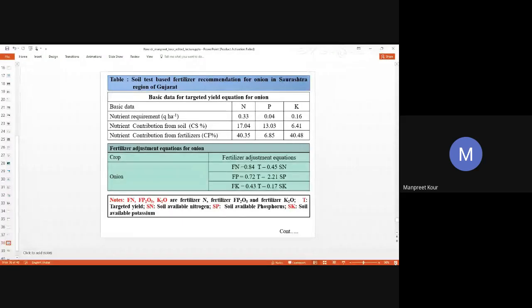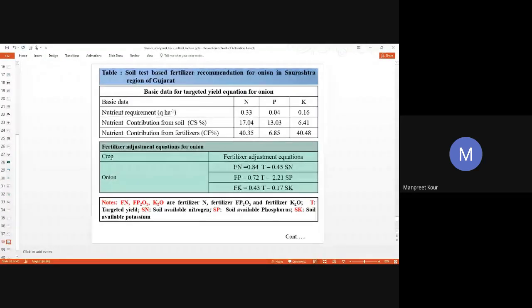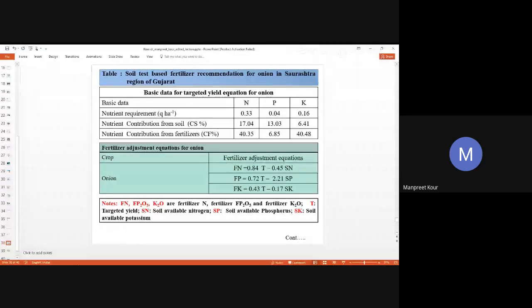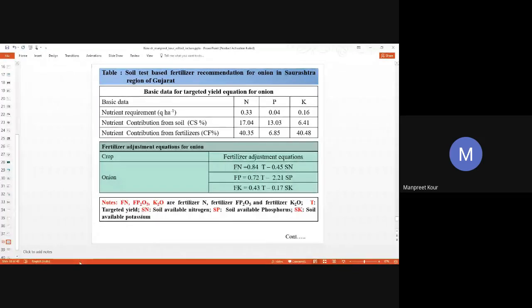On the basis of these equations, we can find out how much fertilizer we need so that the targeted yield is obtained. So soil test based crop recommendations are mostly based on equations. First we have to set the target yield. Next slide, please.